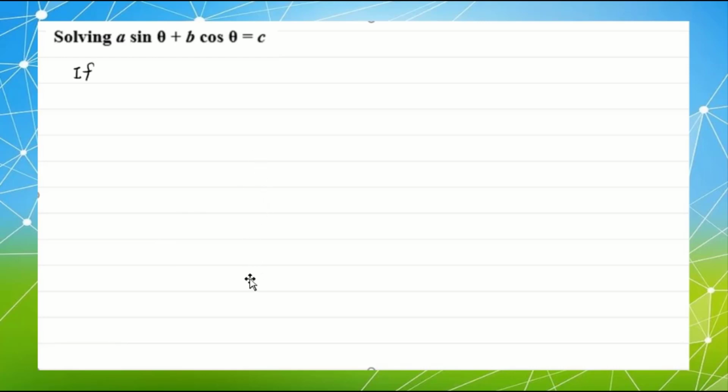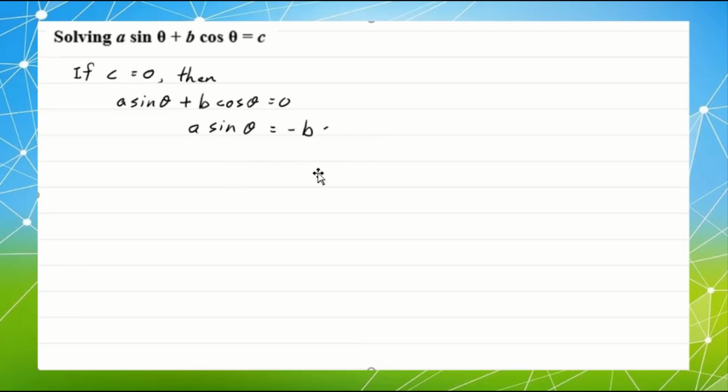So first case, if the value of c is equal to 0, so it means a sine theta plus b cos theta is equal to 0. Now we shift the cos to the right hand side, and it becomes a sine theta equals negative b cos theta.